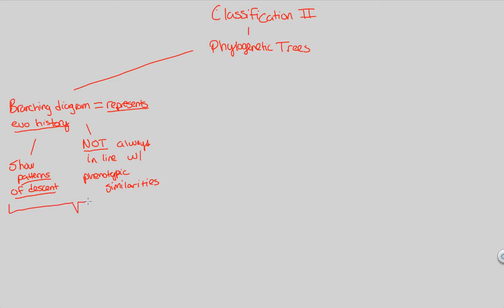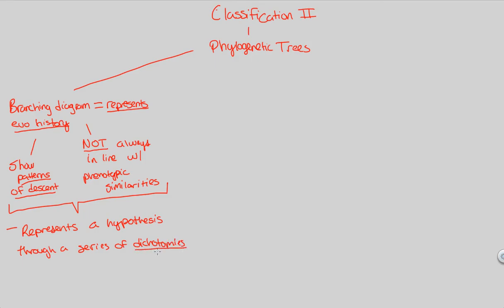Overall, what we can understand about these branching diagrams is very simple and straightforward. Branching diagrams not only represent evolutionary history, but because they represent these patterns of descent, they're also, as a general overall note, going to represent a hypothesis, something that we have a strong basis in understanding, through a series of dichotomies.